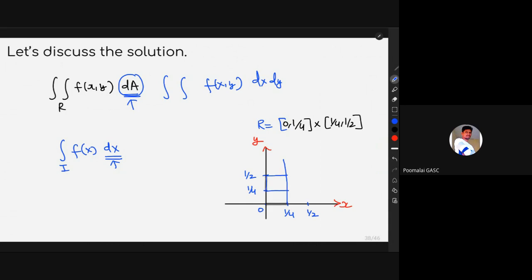So in particular, that region is this. So this is my R.